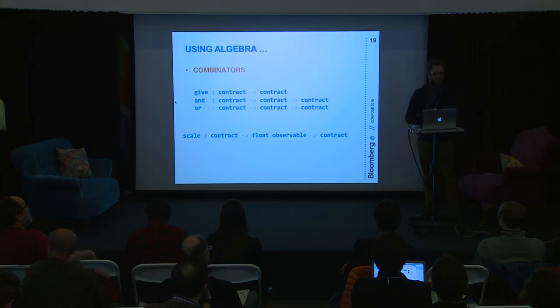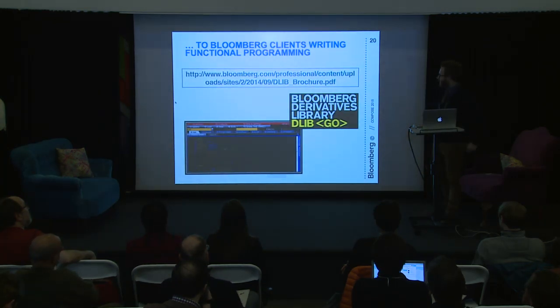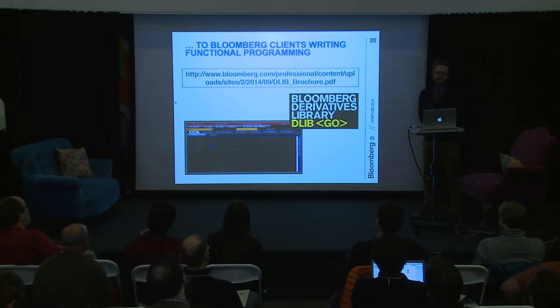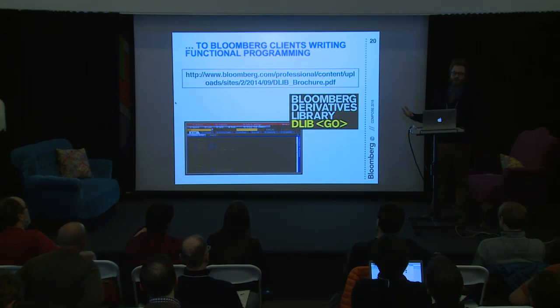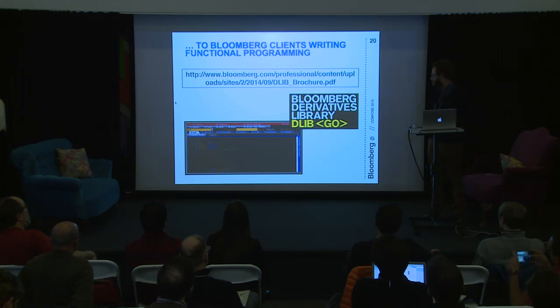Now, one of the things that we've added is, we did our own little language, as well written in OCaml, that allows people to construct those financial contracts on top of the basic foundational algebra that represents financial contracts.